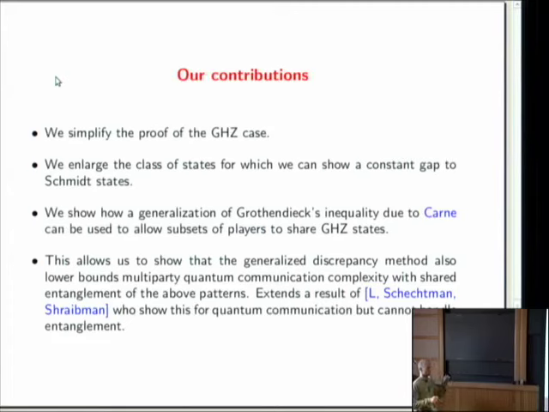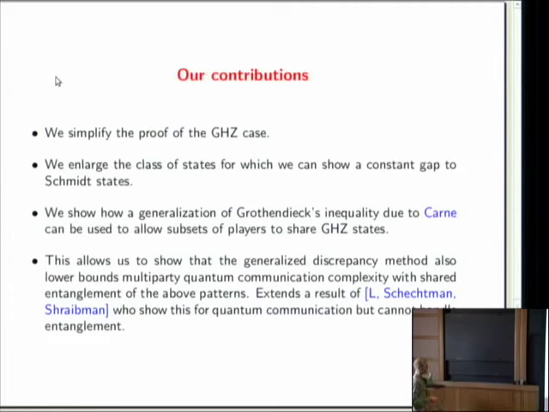In particular, we can let every pair of players share Bell states, and this allows them to do the teleportation. So we can show that, say, when subsets of players are sharing GHZ states, we can still get a lower bound on the quantum communication complexity with that kind of entanglement.